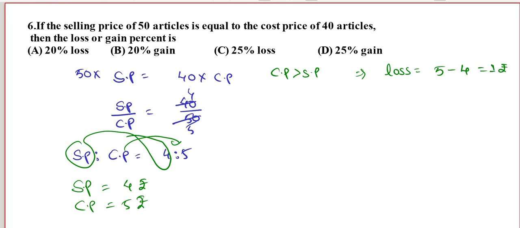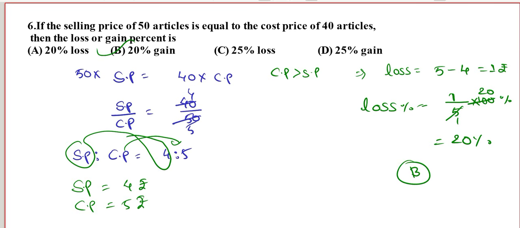Loss percentage is equal to loss 1 by cost price 5, into 100 percentage. 5 twenties are 100, so the loss percentage is 20 percentage. So option D is the correct one for this question. Now let us see the next question.